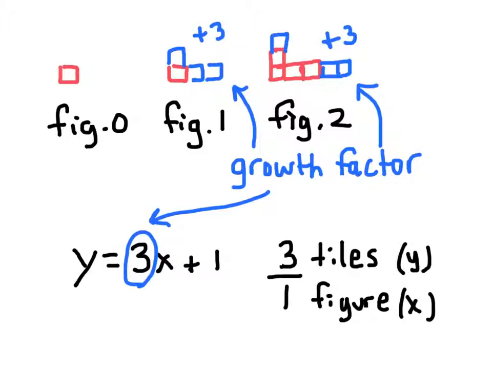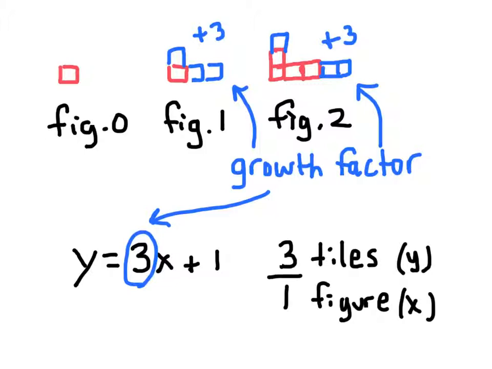So let's look and see what that looks like. Here we have the same example, y equals 3x plus 1. If we were to draw the figures which represent this rule, figure 0 would have one tile. Figure 1 would have 3 more tiles, and figure 2 would have 3 more tiles again.